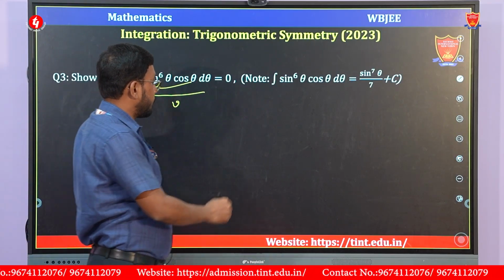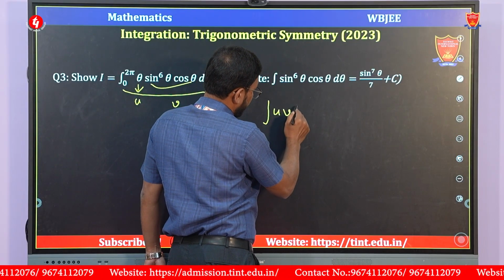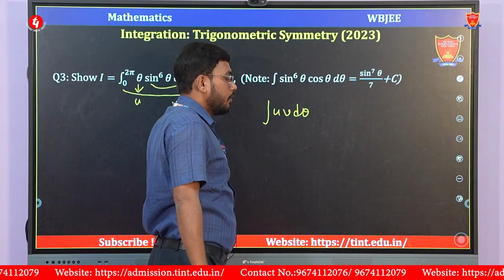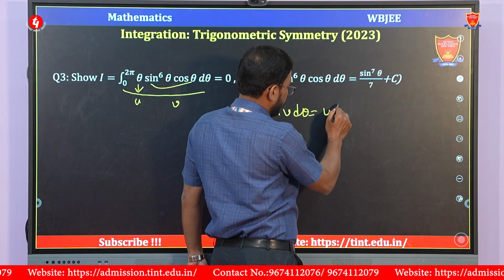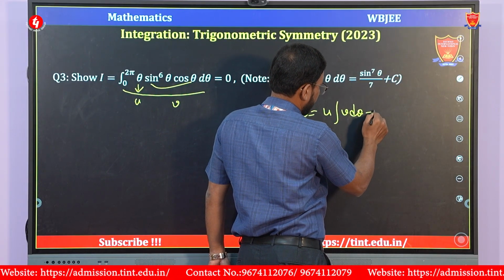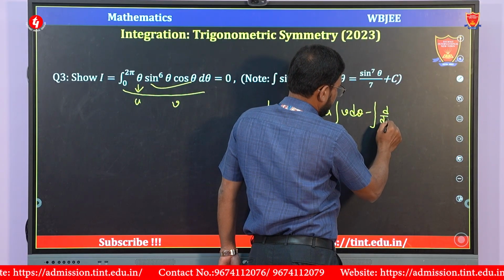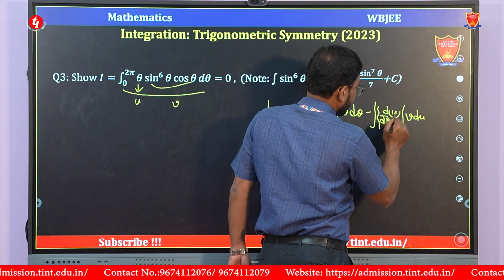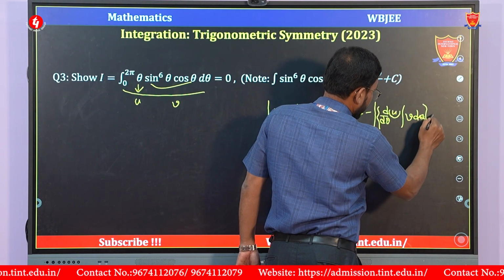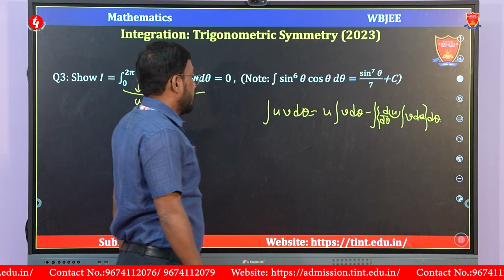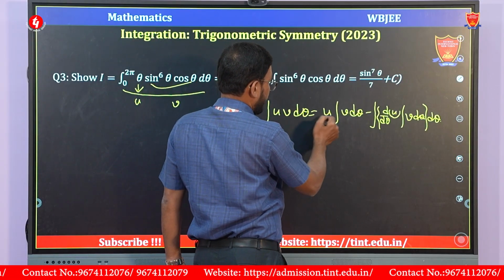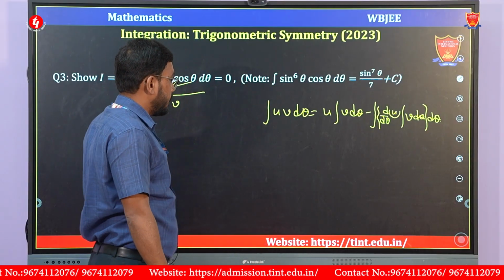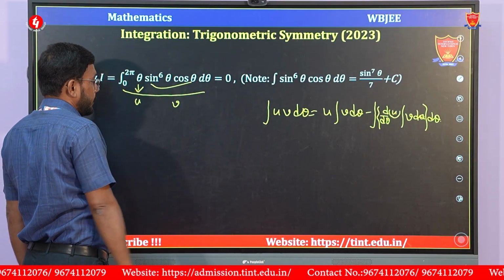So, you know the integration by parts formula: integral of u v d theta is u times the integral of v d theta minus the integral of d/d theta of u times the integral of v d theta, d theta. Both u and v are functions of theta obviously. So, this is the rule of integration by parts, and you simply apply this.